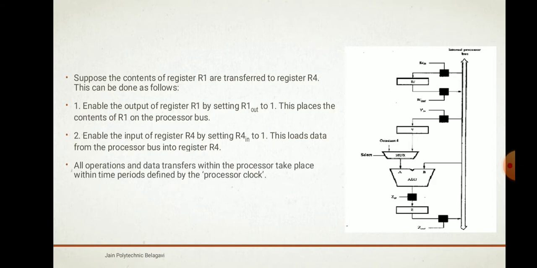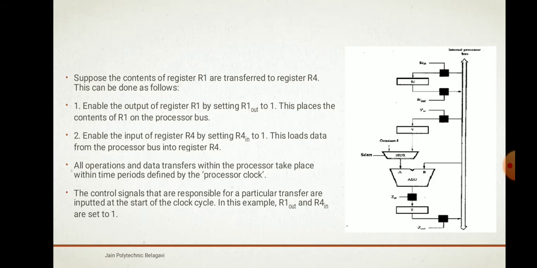All operations and data transfers within the processor take place within time periods defined by a processor clock. The control signals that are responsible for a particular transfer are inputted at the start of the clock cycle. In this example, R1 out and R4 in will be set to 1.